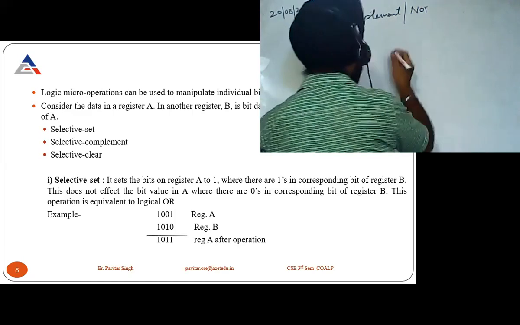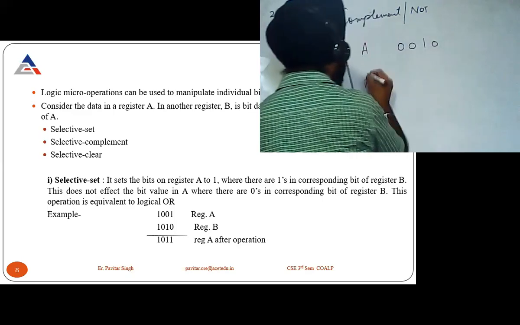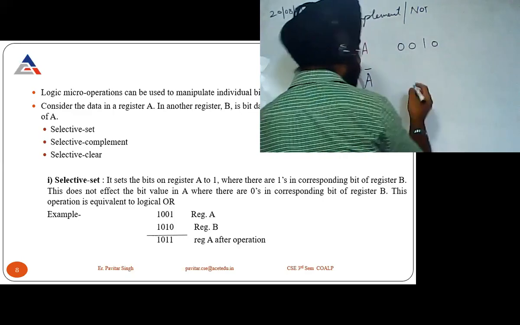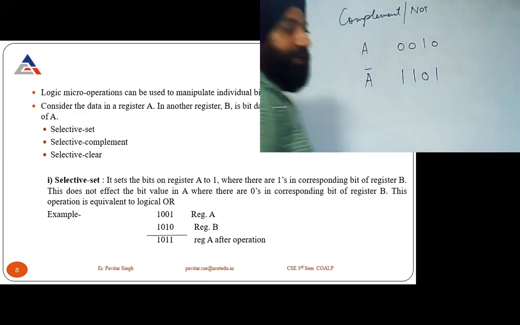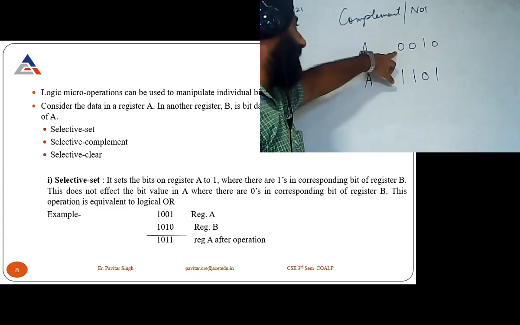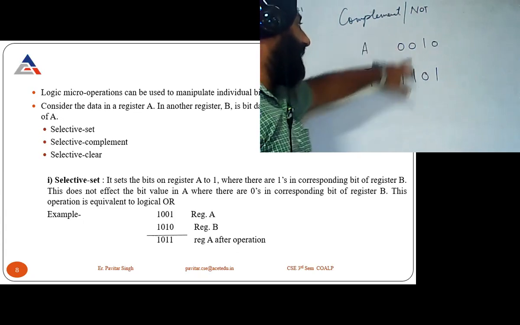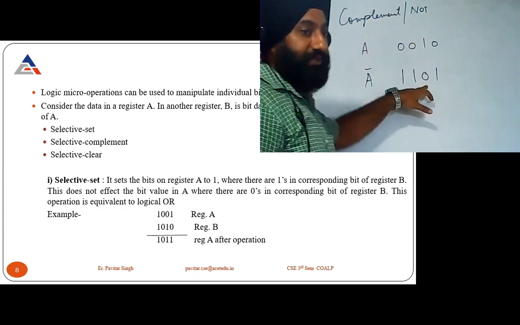So here your value is 0 0 1 0. After performing this NOT, your values will be 1 1 0 1, right? You just need to negate your values. If there is 0, it will be 1. If there is 1, it will become 0.